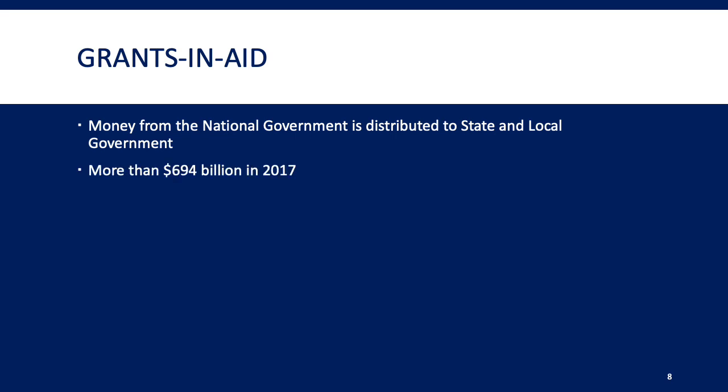So in 2017, I should have updated this. Wow. Giving you a more recent year, but more than $694 billion were given in federal grants and aid.